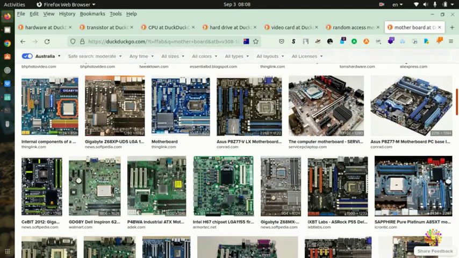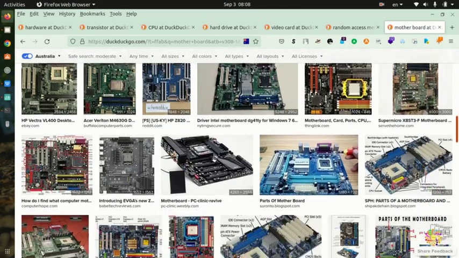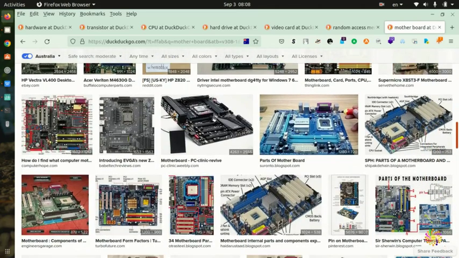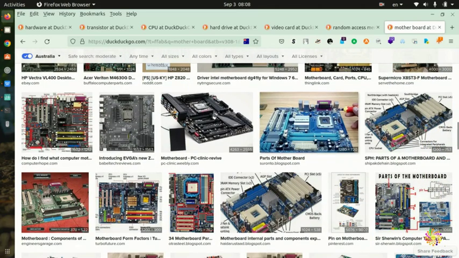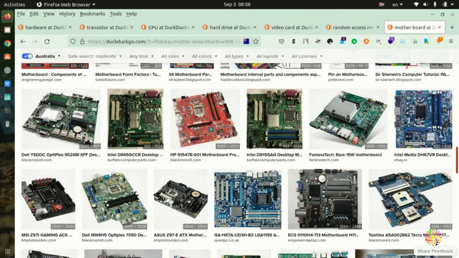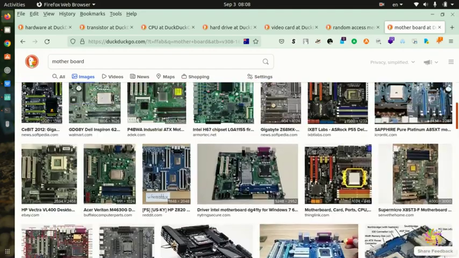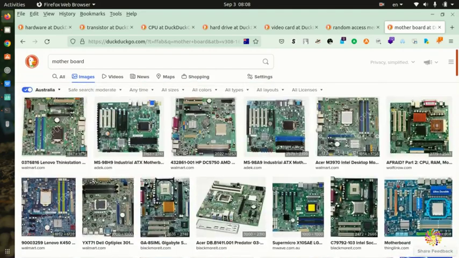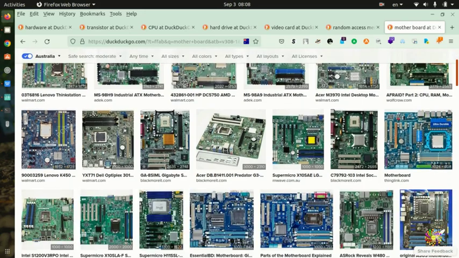Some motherboards are very powerful, and some are very small. As time goes by, it gets more and more sophisticated, and more and more powerful. Nowadays you buy it off the shelves inside the stores. You just walk in, and you're going to see the motherboards lying around everywhere. You can buy it. Some of them are very cheap.